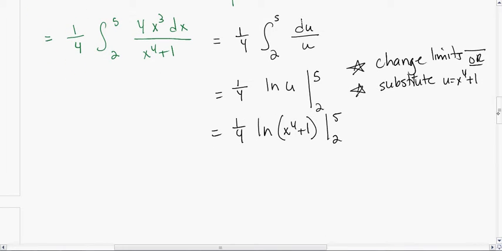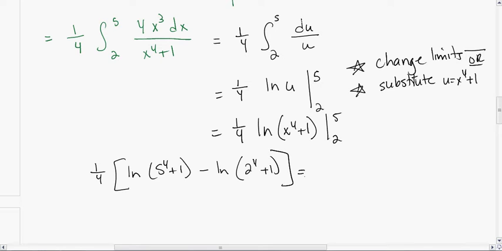Now I can evaluate. So 1/4 the natural log of 5 to the 4th plus 1 minus the natural log of 2 to the 4th plus 1. And I'll just pop that into my calculator, and I will get a pretty significant set of digits, 0.901542 and so on.